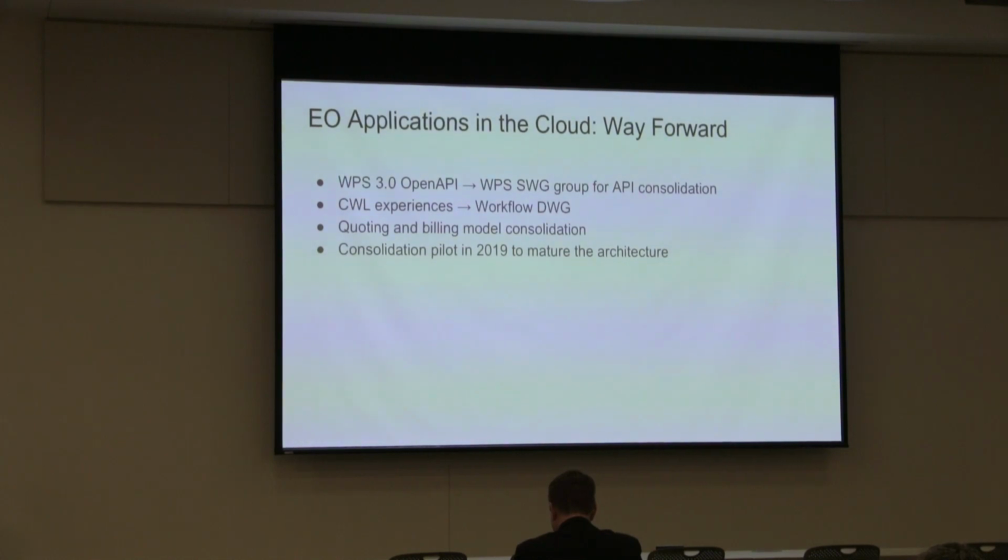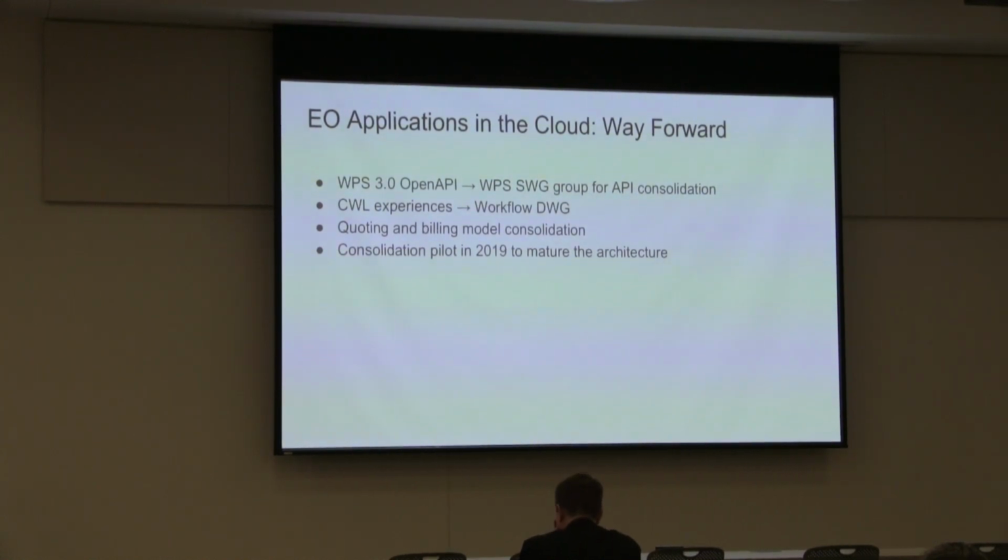So the way forward is, I think it is important to develop an open API for WPS, maybe 3.0, so that's a consideration for the WPS working group. Use the language CWL and bring that to the Workflow domain working group as a language that maybe more best practices can be developed around.